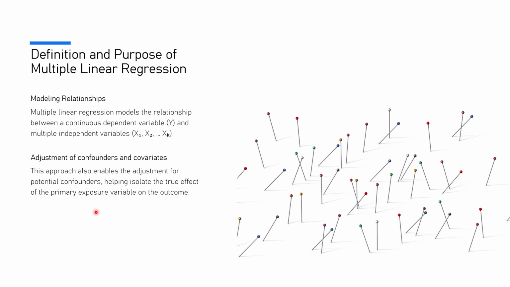For example, if we want to know how cholesterol is associated with, say, systolic blood pressure, we can now have age and gender and smoking status, all of them in the same model, and then we can have the true effect of cholesterol on systolic blood pressure, because this model will help adjust for all the other variables.